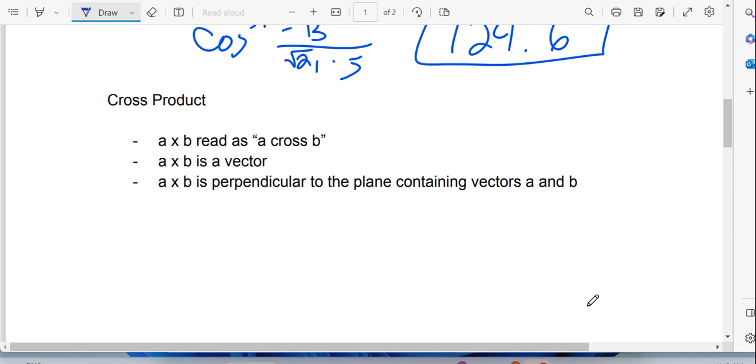Because if I were to find the cross product A cross B, and then do the dot product of A and A cross B, or B and A cross B, you should get 0 because they are, as a result, orthogonal. So whenever we do cross products, that's what we should get.